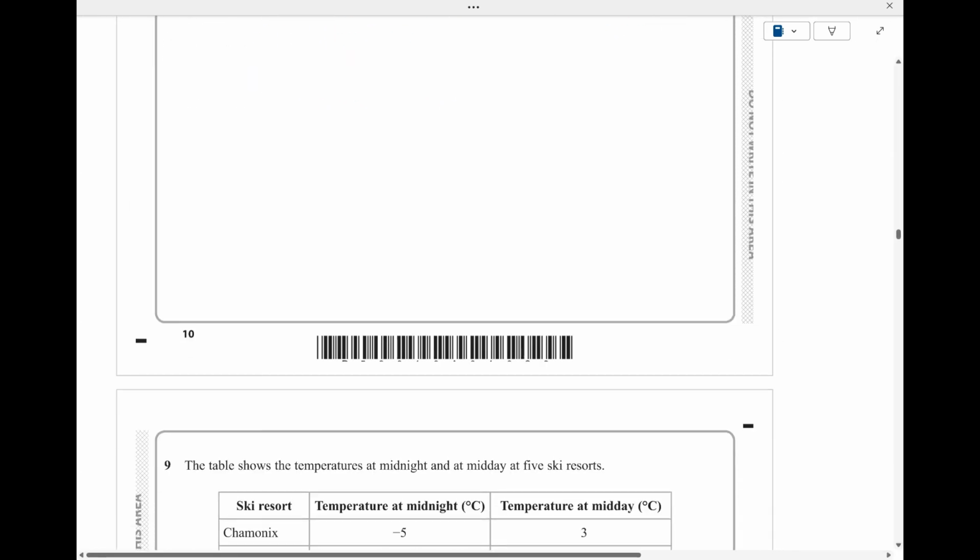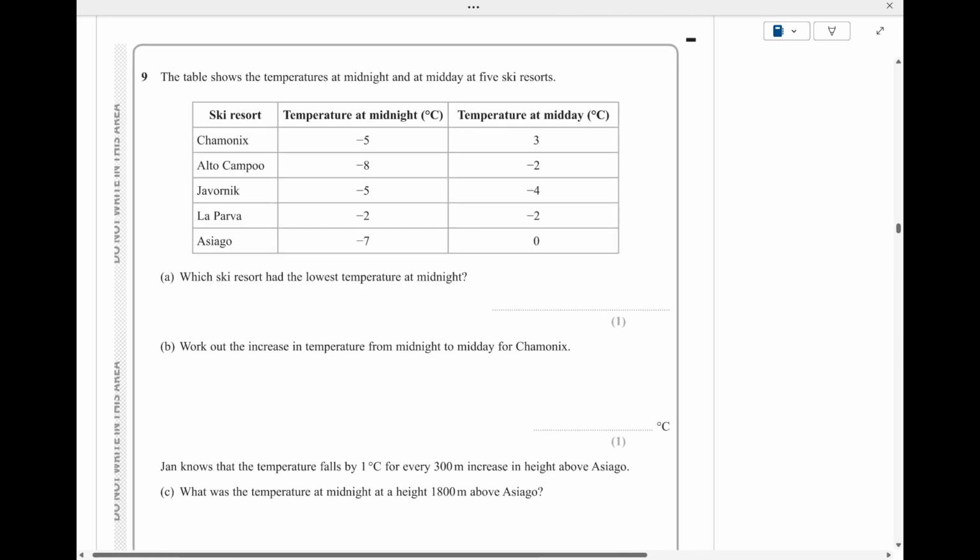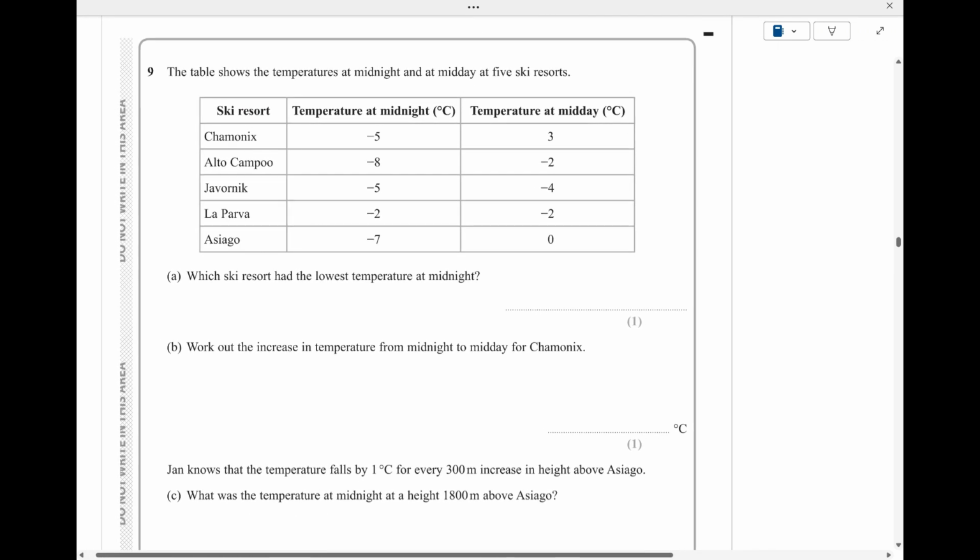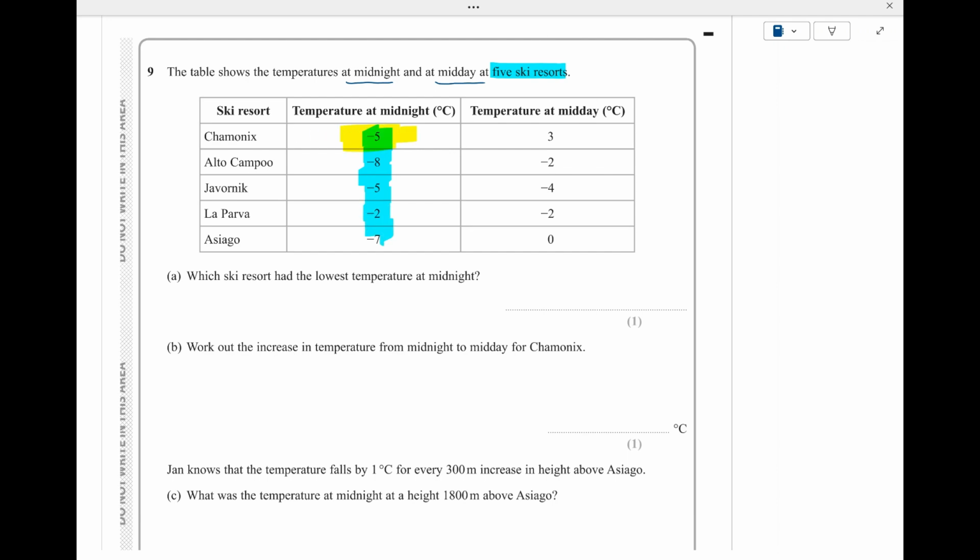Number 9. The table shows the temperatures at midnight and at midday at 5 ski resorts. So here's the temperature at midnight. And then here's Chamonix temperature at midnight, and here's Chamonix temperature at midday, for example. Take a moment, make sure you understand what the table's showing you.